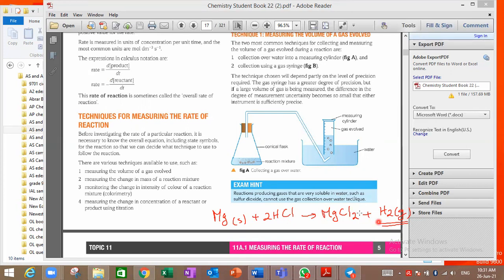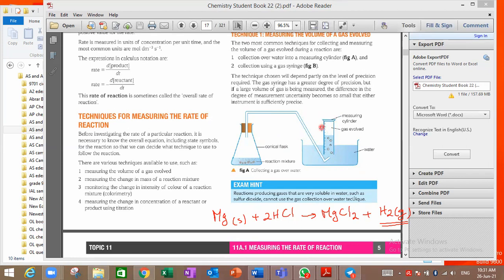So how do we do that? We get a conical flask. We place an excess amount of hydrochloric acid in this conical flask. Then we are going to prepare a system where there is a tube that will be placed in a trough filled with water. And in this trough, we are going to place a measuring cylinder.